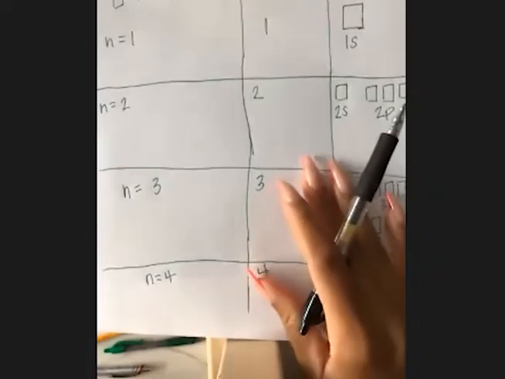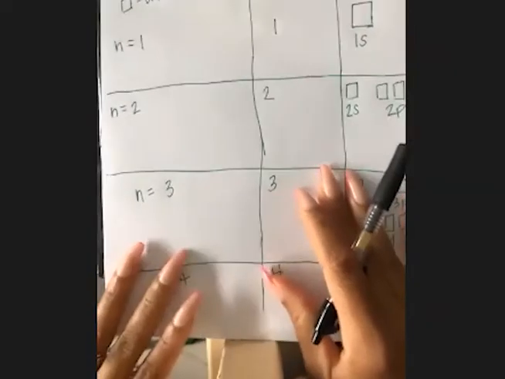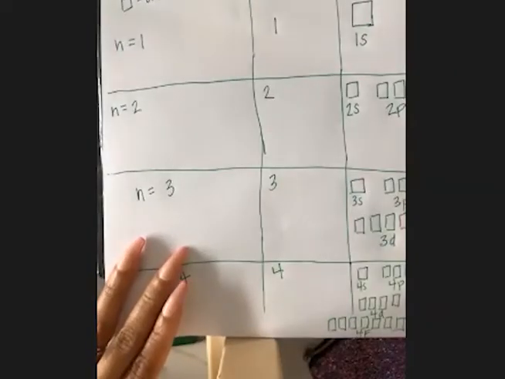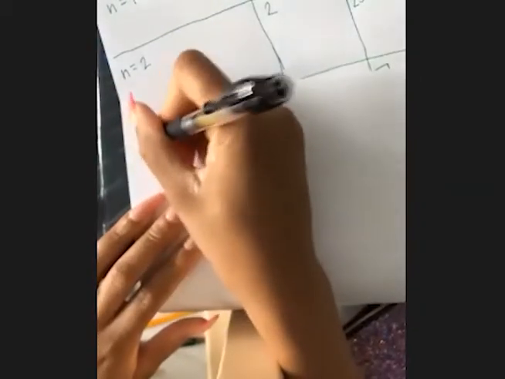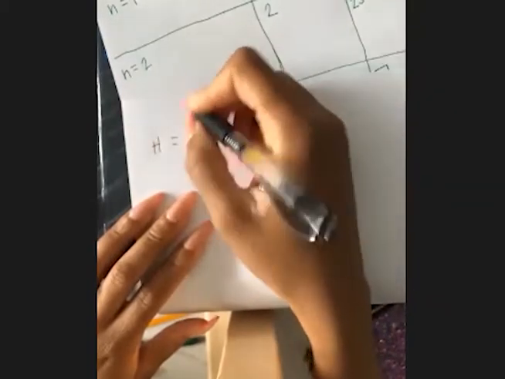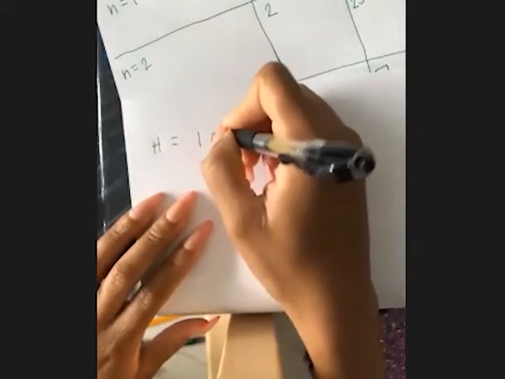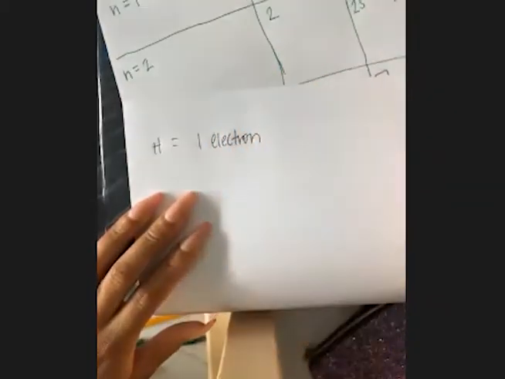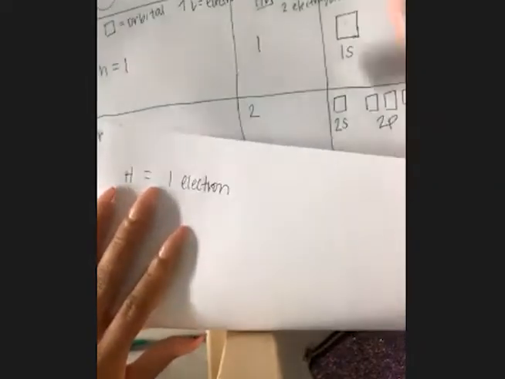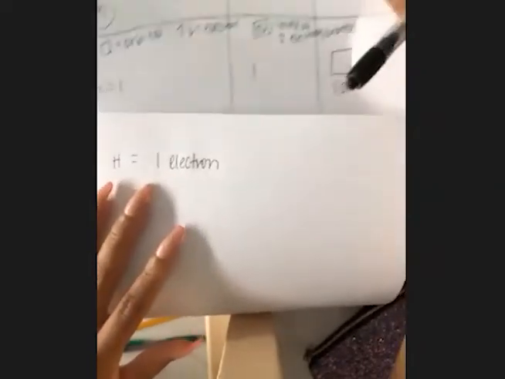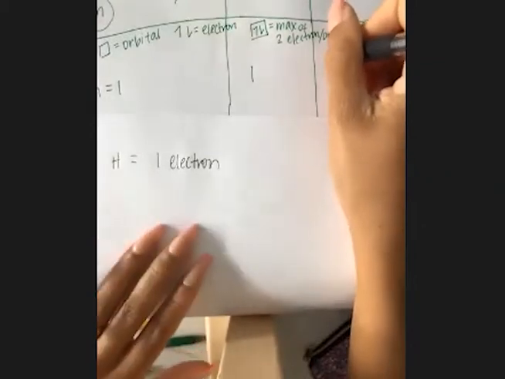So if we're talking about hydrogen, the way we write out its electron configuration is, I'm going to write it on a different sheet, but I'm going to go back and forth. We say hydrogen has 1 electron. That 1 electron resides in the very first orbital, which is the 1s.